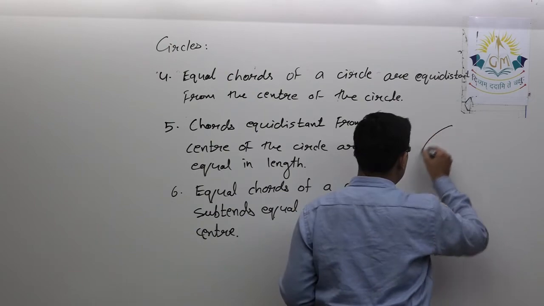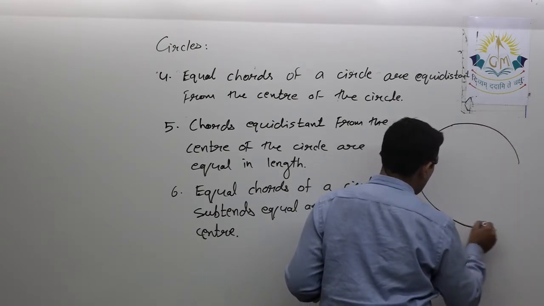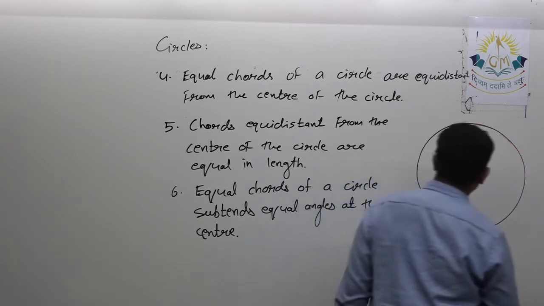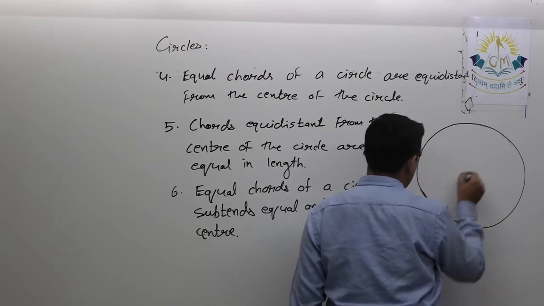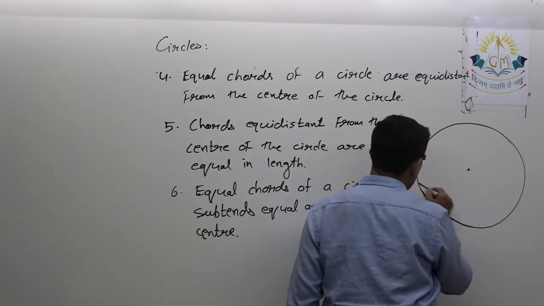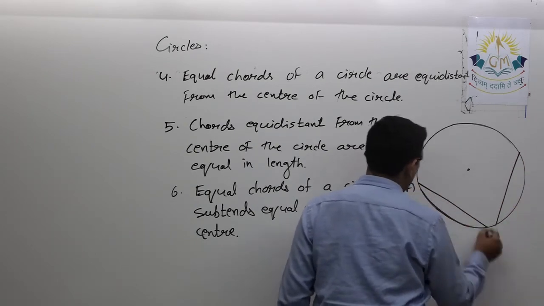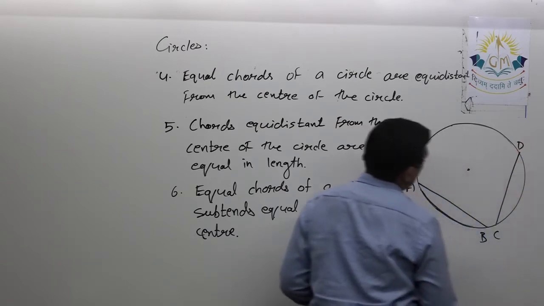So suppose this is the circle, and this is the center of the circle.